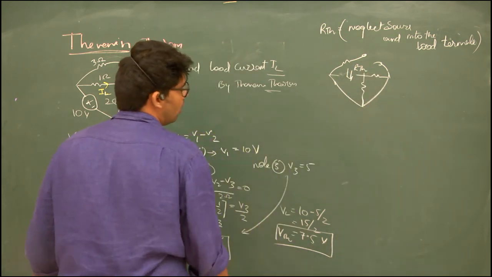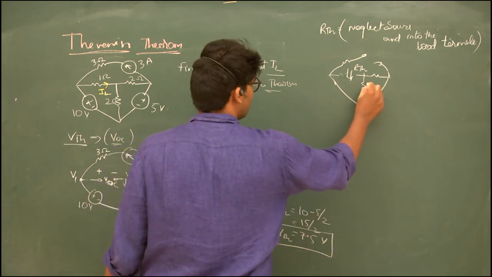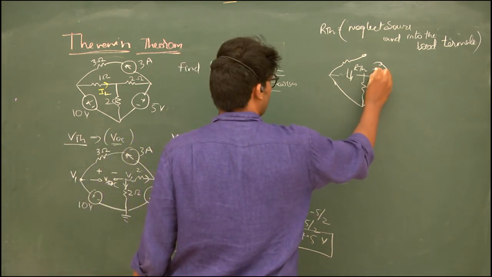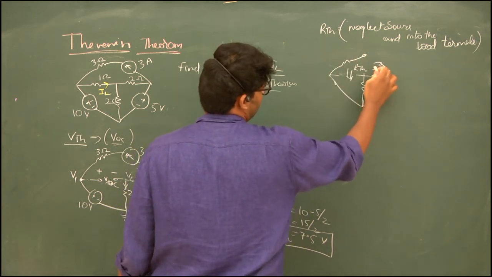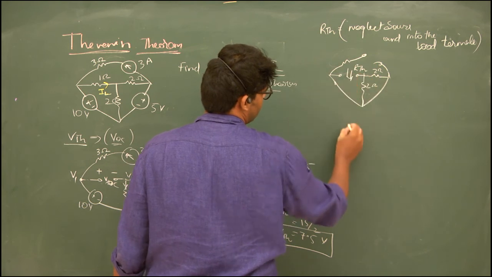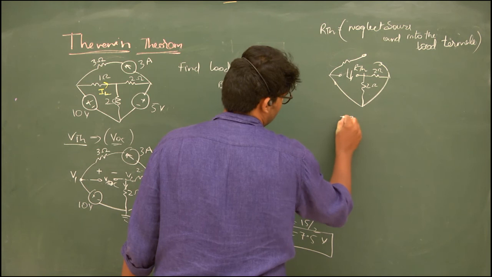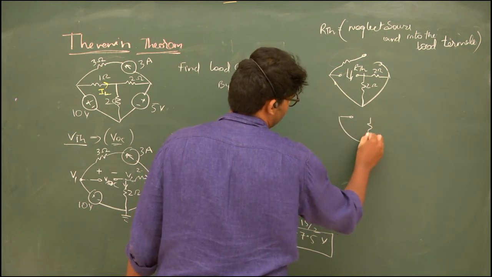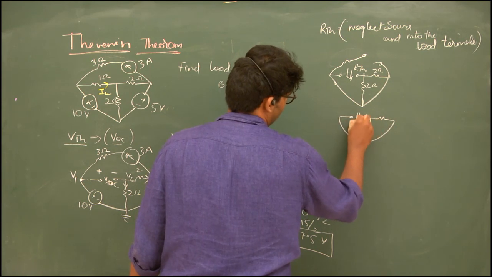Now what happens here? This is 2 ohm and this is 2 ohm. So we remove these top things. This is not acting. We have to look into this thing. Now this circuit is transformed like this, and we are looking from here.